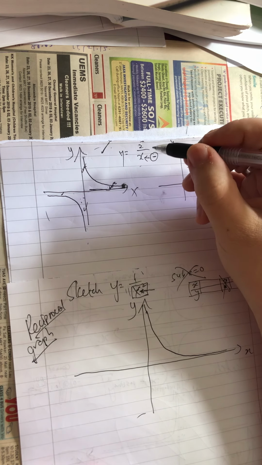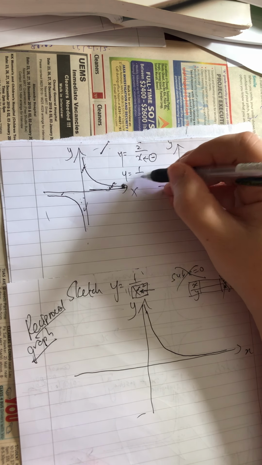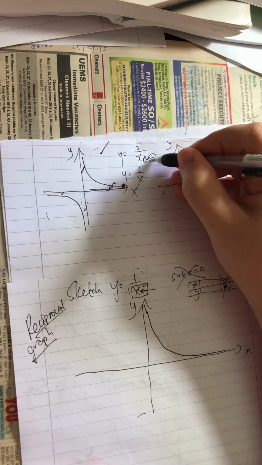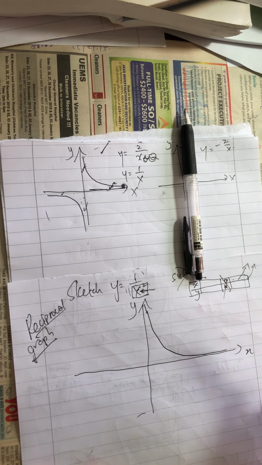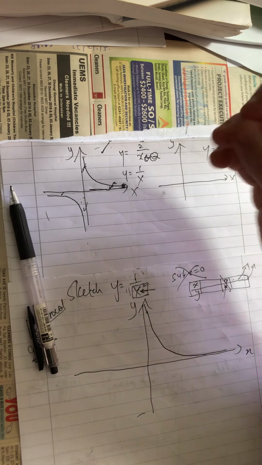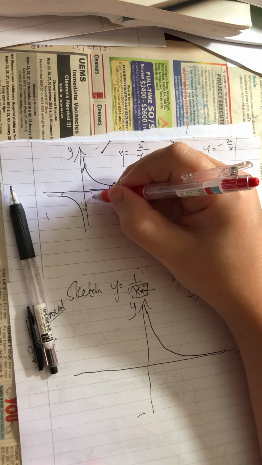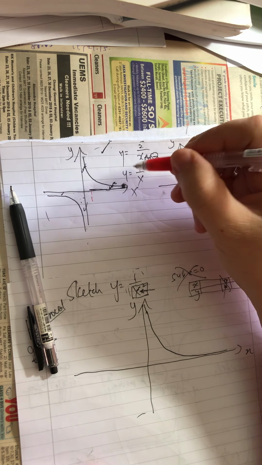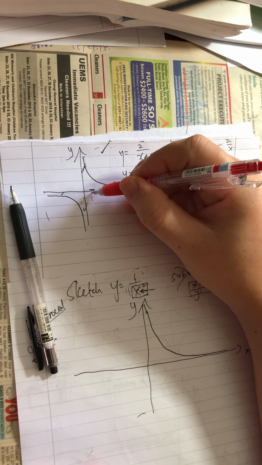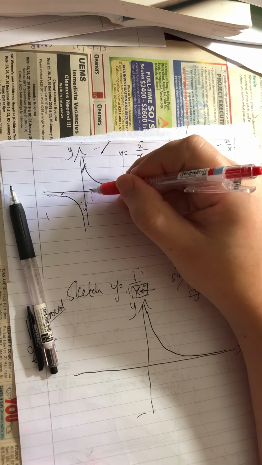Okay. Now, what's the difference between what we have drawn just now, y equals 1 over x, and y equals 2 over x? Again, like what I mentioned when we were discussing the exponential graph, you always sub in simple, small, manageable numbers if you don't know. So if x is 1, in this case y is 2, right?